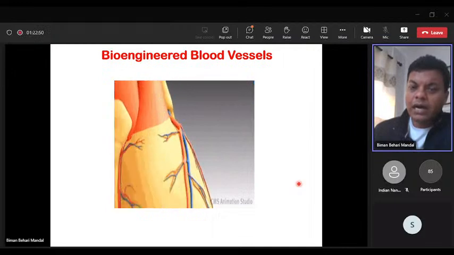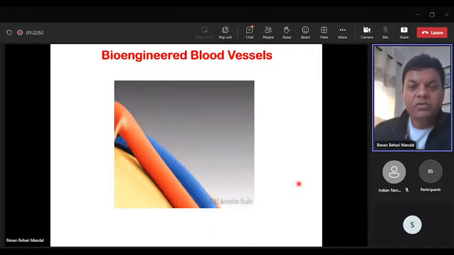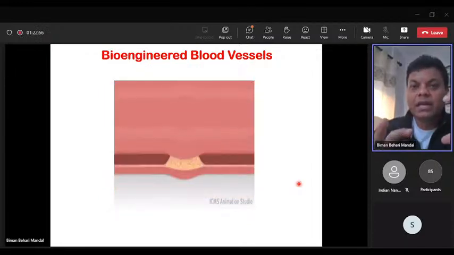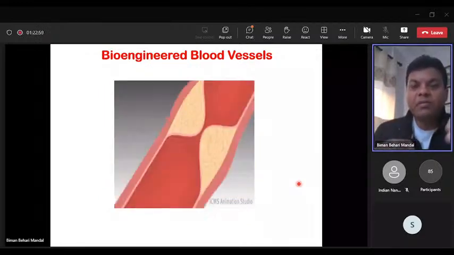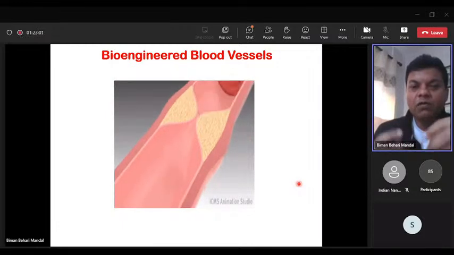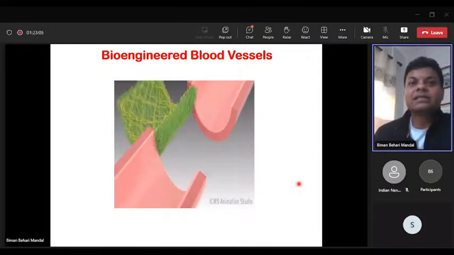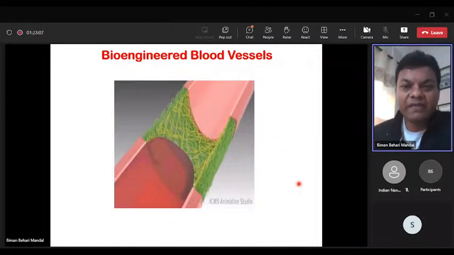Now, I'm going to take you through some of the examples, where we have either full bioprinting or partial bioprinting techniques, along with other non-bioprinting techniques. So this is the first example, creating bioengineered blood vessels.